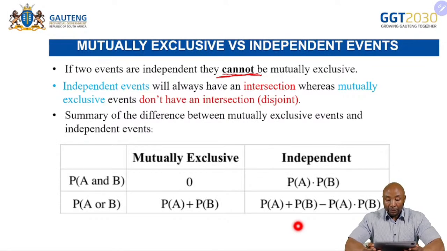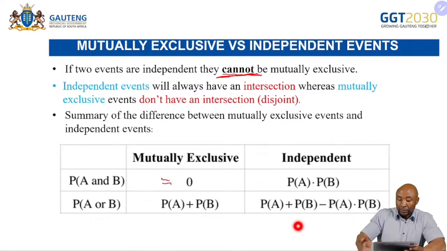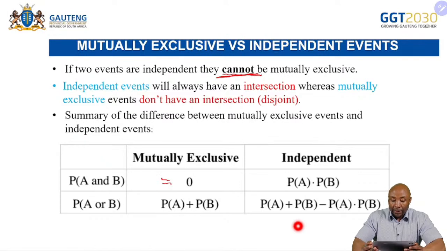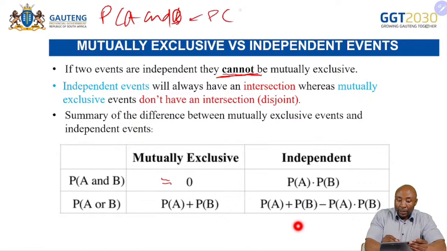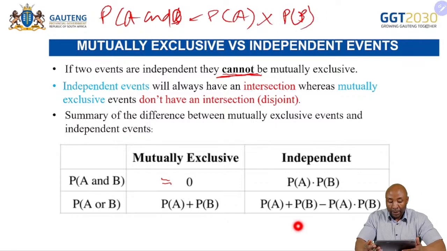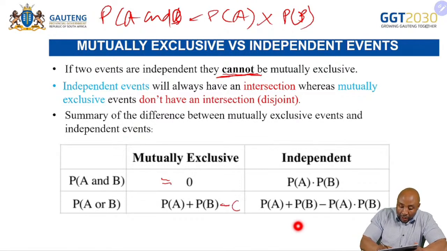The probability of A and B for mutually exclusive events is equal to 0. For independent events, the probability of A and B is given by the product, P(A and B) is equal to P(A) times P(B). Using the identity, the probability of A or B for mutually exclusive events is given by P(A) plus P(B), because we have a minus 0.